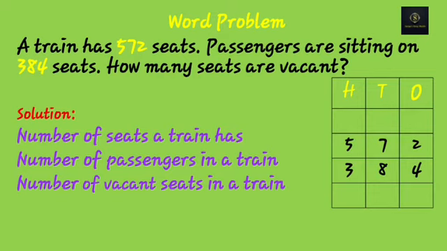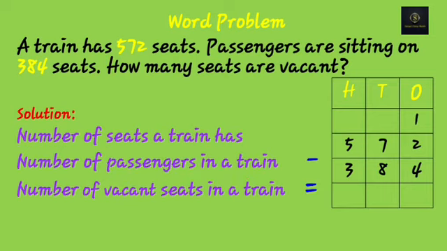Now, let us subtract starting from the ones column. So, can we subtract 4 from 2? No, it is not possible. Then we will borrow 10 from 7 tens and we will put that 10 in the ones column. So, now how many tens remain in the tens column?